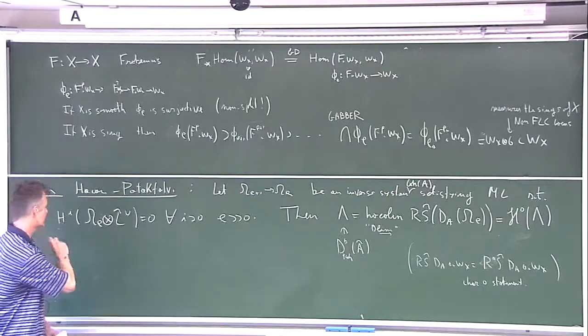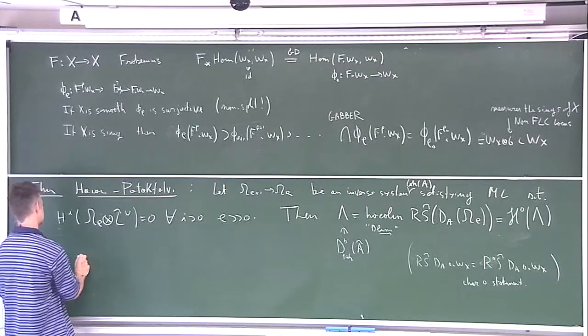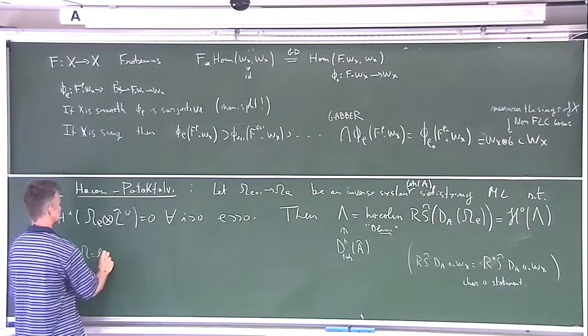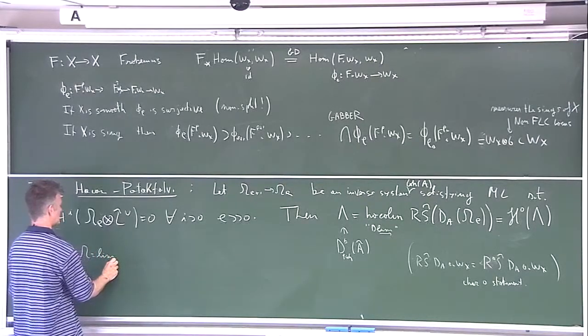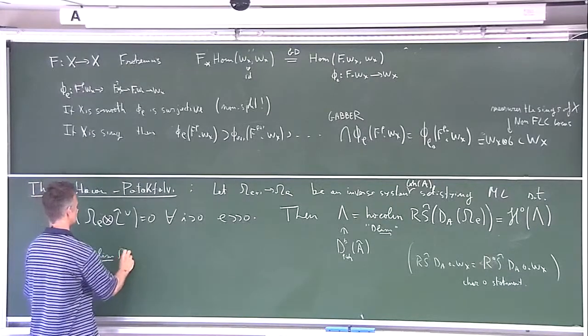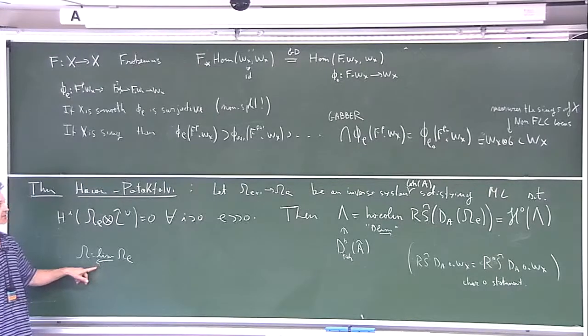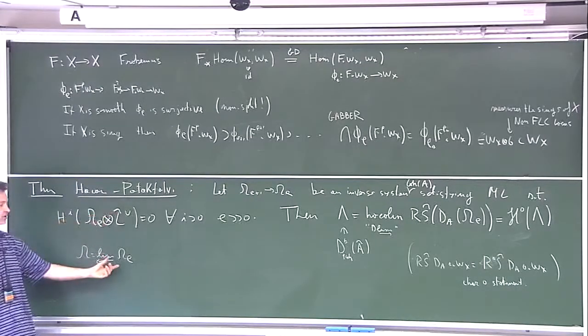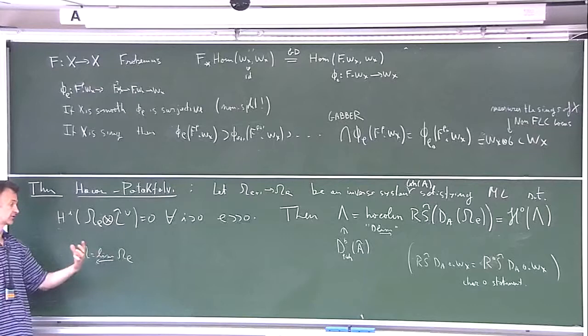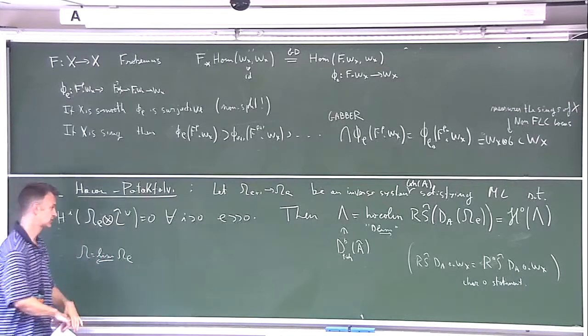So that's one, and the other property is, if omega is the inverse limit of these omega e's, I don't have to say the derived inverse limit because they satisfy the Mittag-Leffler condition. And they're coherent sheaves, so the inverse limit is actually equal to the derived inverse limit.